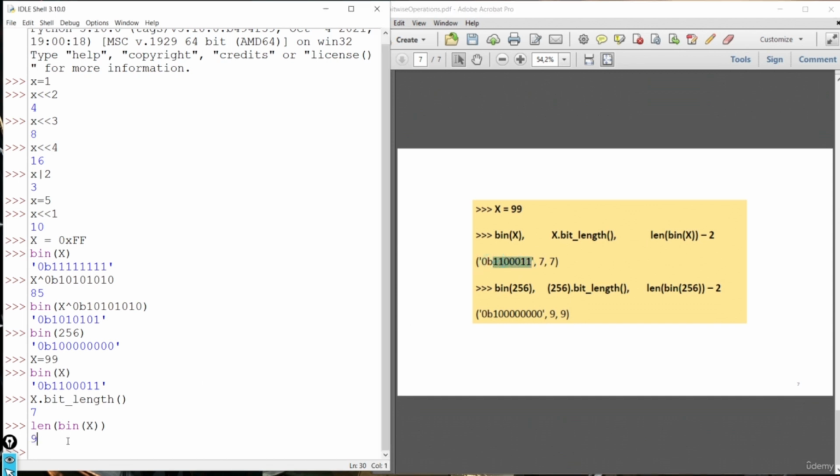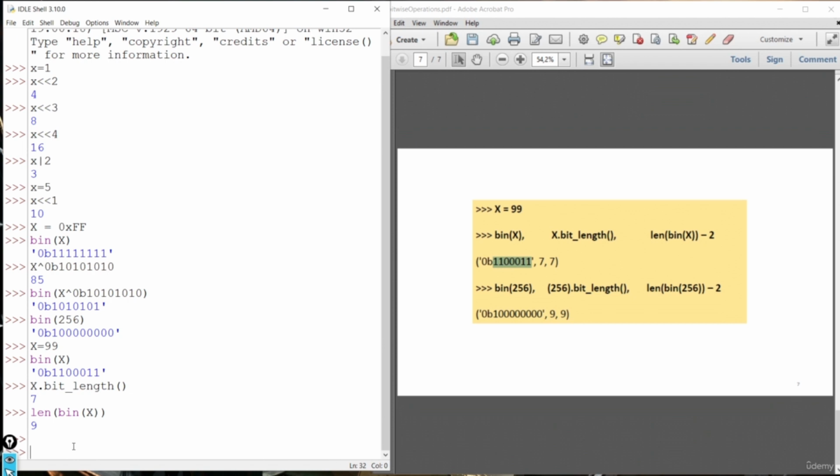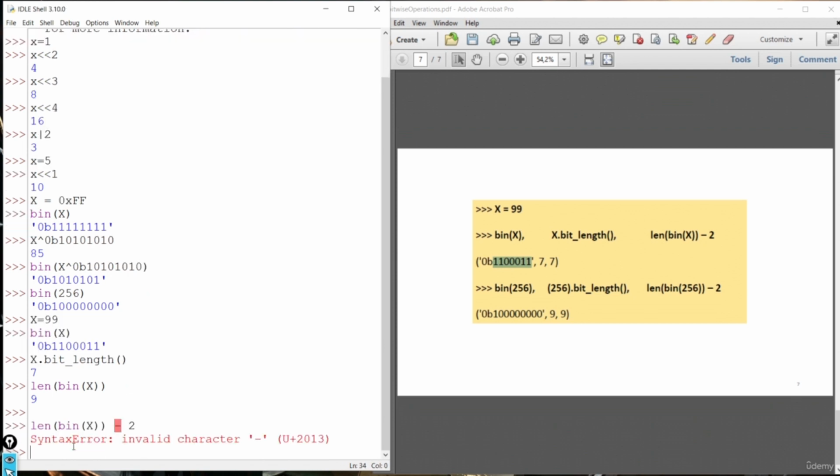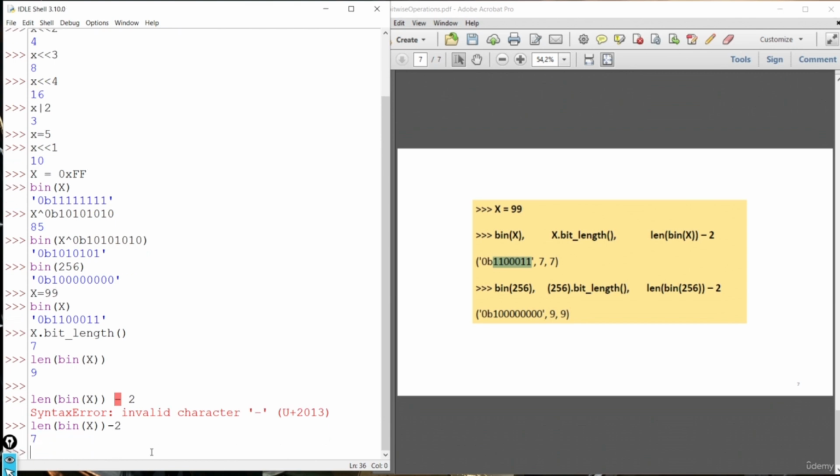And of course if we subtract 2, we get 7. Okay, let me type again. Okay, we get 7.